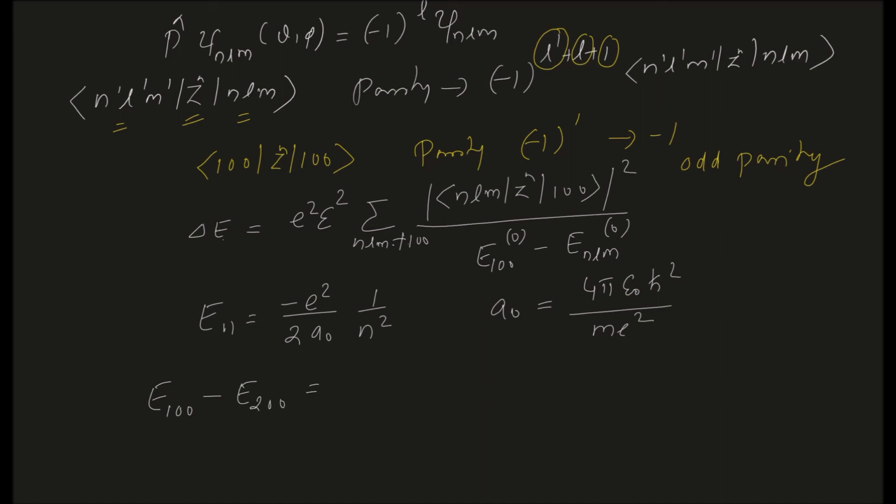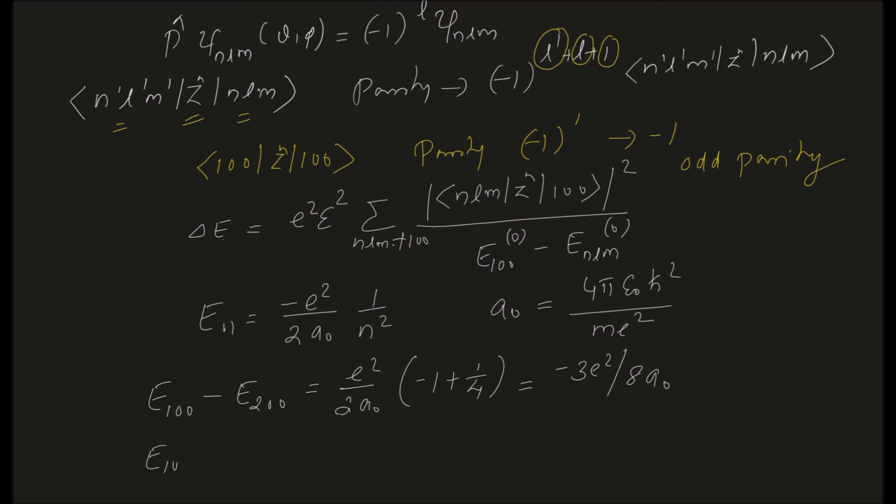E 1 0 0 minus E 2 0 0 is given by e squared by 2a0 times (-1 plus 1 by 4). So this will be minus 3 e squared by 8a0.